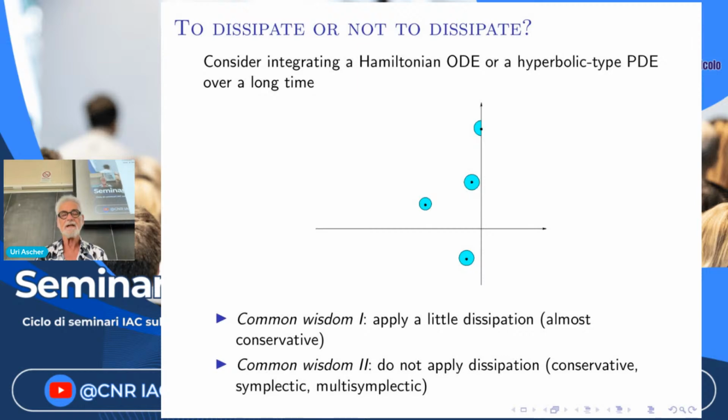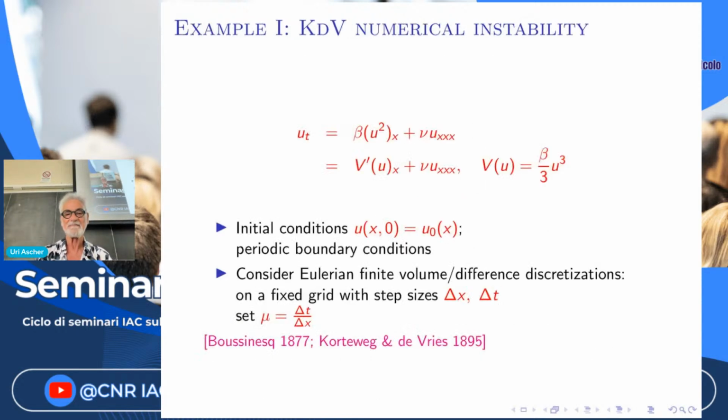Don't do that, because problems like Hamiltonian ODEs and PDEs and hyperbolic type PDEs have conservation properties, and you want to retain the conservation properties. So these are two opposing common wisdoms. The second one says you can get more if you live dangerously, essentially.